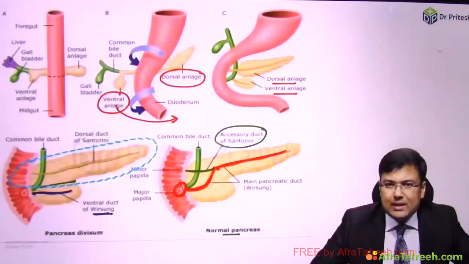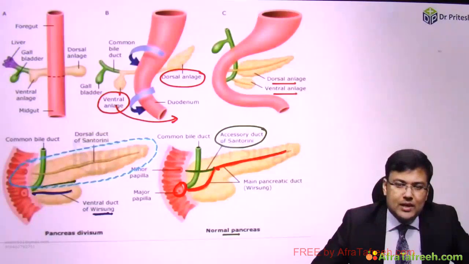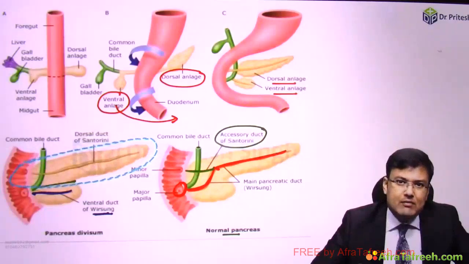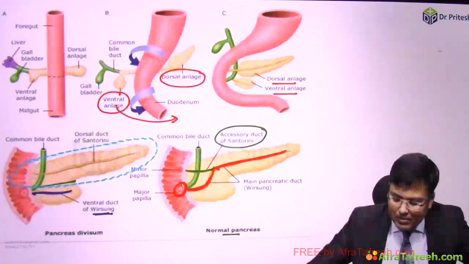Because of this, what will happen? There is relative outflow obstruction, and because of this relative outflow obstruction, the patient will be having recurrent attacks of acute pancreatitis. So see the problem.